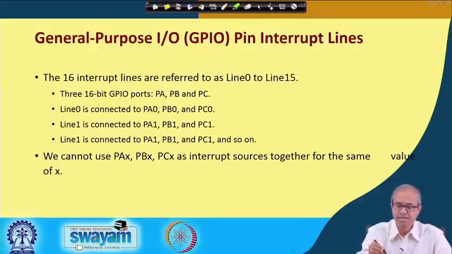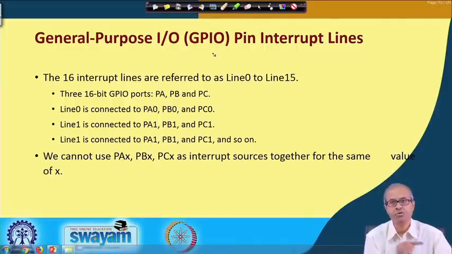Now, in the first category, these are called general purpose IO or GPIO pin interrupt lines. Now, under this category, broadly speaking, we say that there are 16 interrupt lines. These interrupt lines are referred to as line 0 up to line 15.